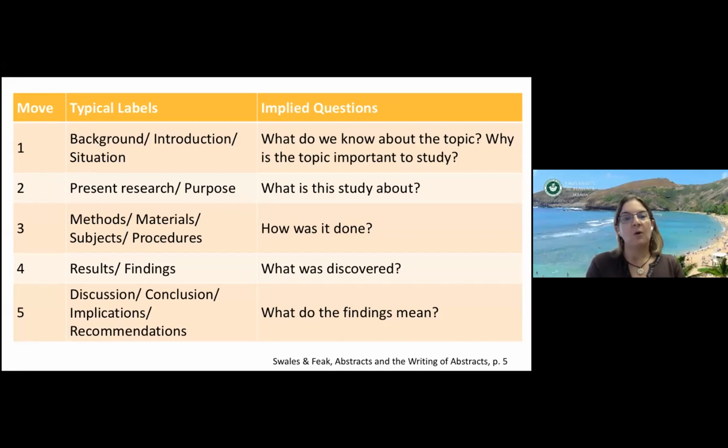Third move, what methods, what materials, who are the subjects, what procedures were done? How was this study done? Fourth, sometimes a sentence, sometimes multiple sentences. What did they find out? And fifth, usually these end with some kind of discussion, conclusion, implication, recommendation. So what does it mean?